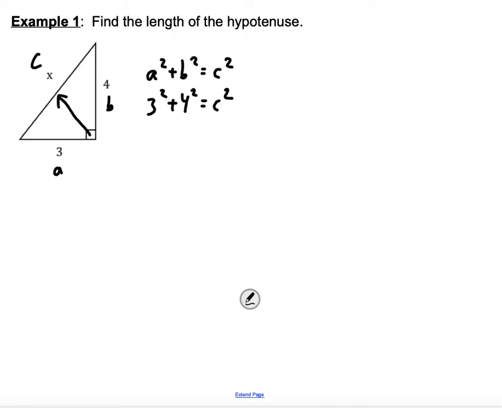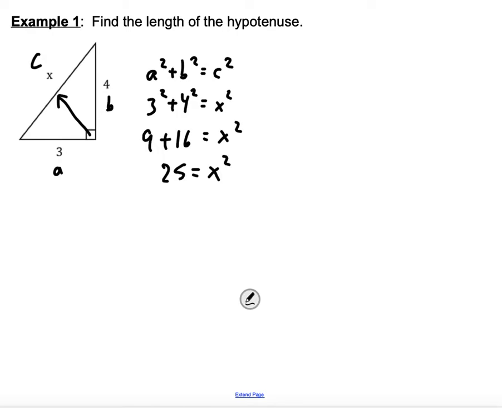So 3 squared there is 9. So we get 9 plus 16 equals x squared. 9 plus 16 there is 25.